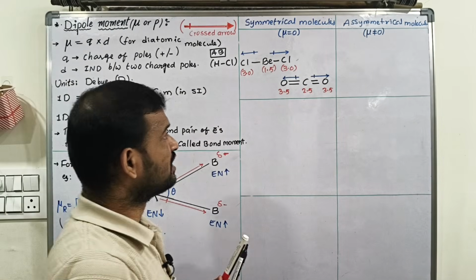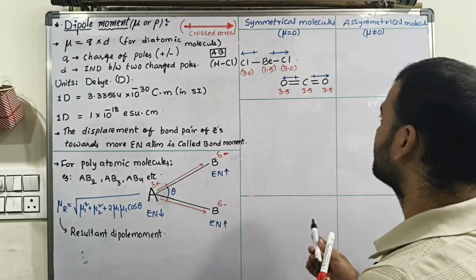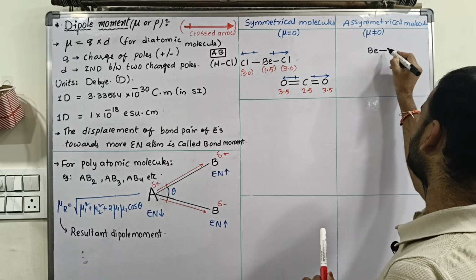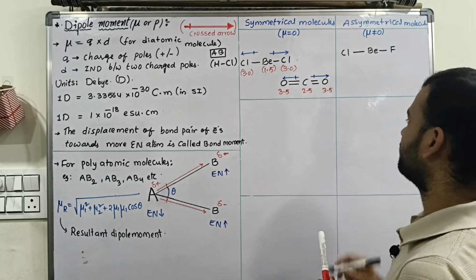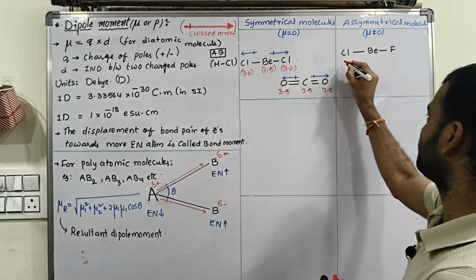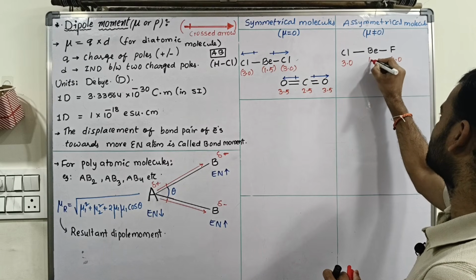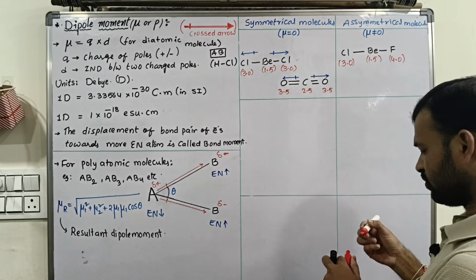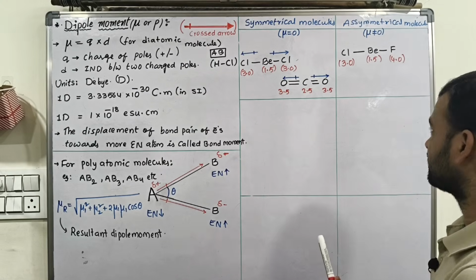Okay, next we come to asymmetrical molecules for the sp hybridization or linear structure. For example, take beryllium, where on one side I have taken fluorine and on the other side chlorine. The electronegativity of fluorine is 4 and beryllium is 1.5. Compared to beryllium, both bonded atoms have more electronegativity.